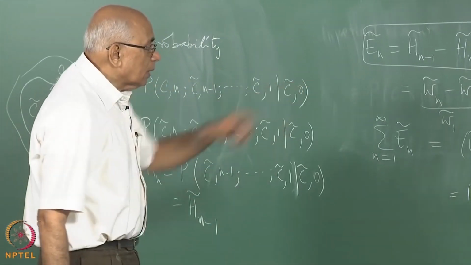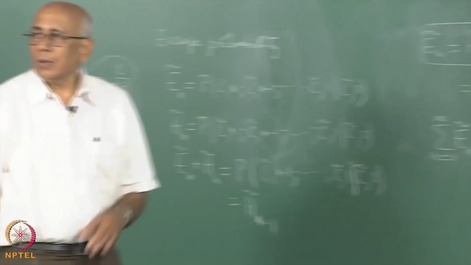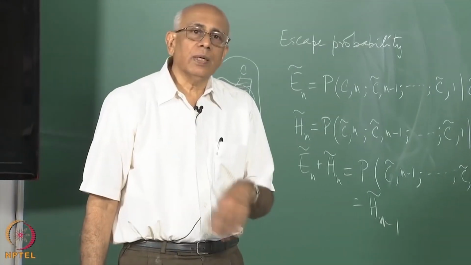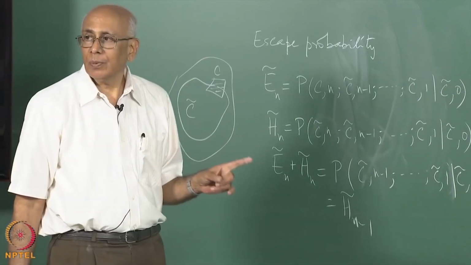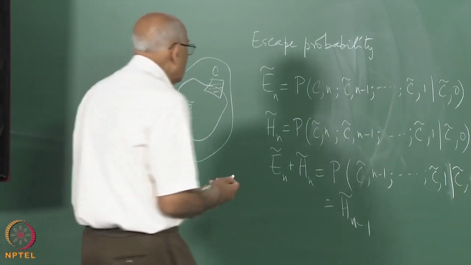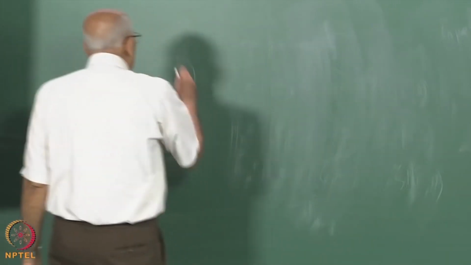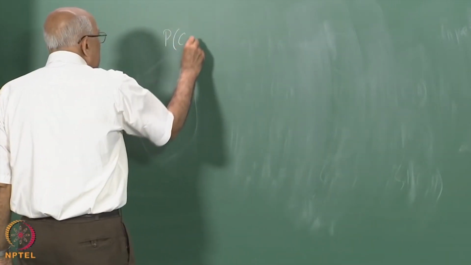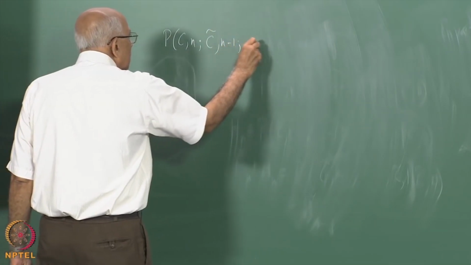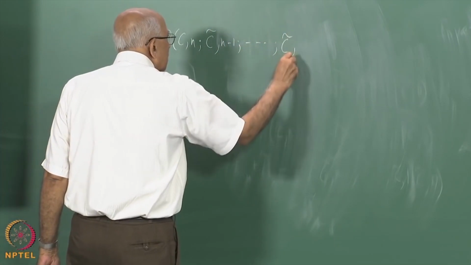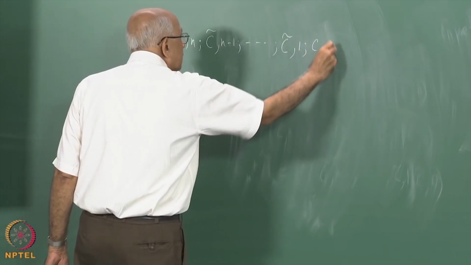Now what can we say about this P on top? We need to write it out, and the idea is to write it out in terms of these W's, but W's refer to C tilde, so we have to be a little careful, and let us see how we can write this out explicitly. So we want this joint probability Cn, C tilde n minus 1, dot dot, C tilde 1 and C 0.